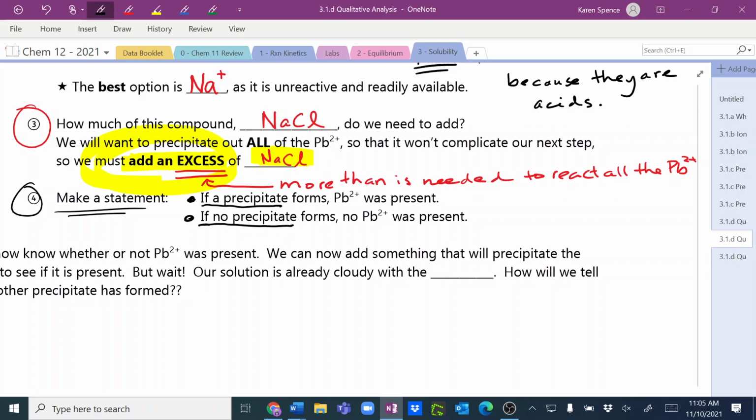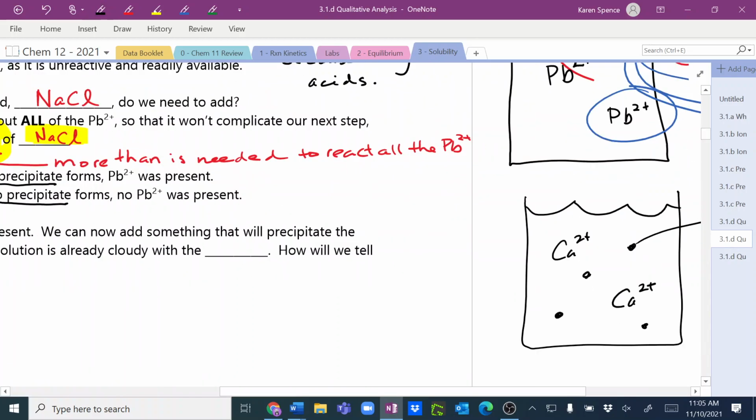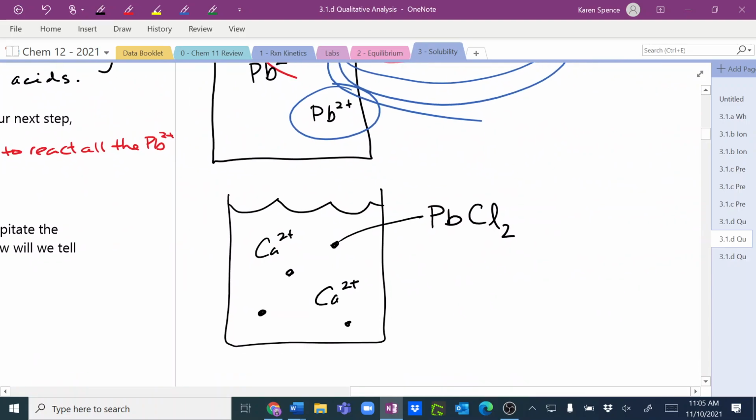Now, back to our beaker. What does it look like when we have a solid floating around in a solution? It looks cloudy. If we did have lead, it looks cloudy. Now let's say we add something to precipitate the calcium.